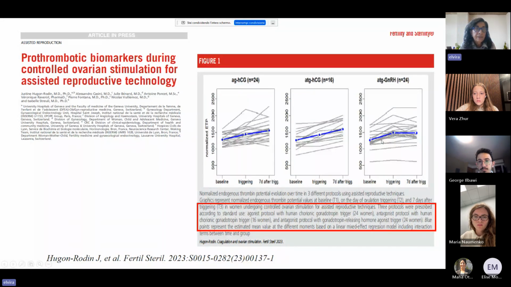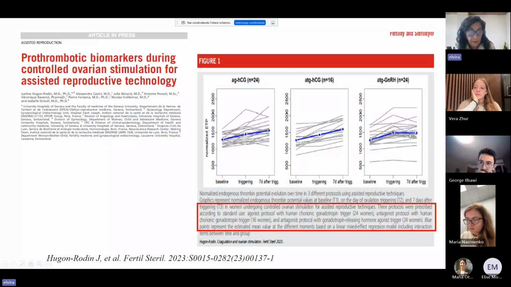So this means, we are trying to teach our colleagues of fertility centers that some protocols can be more easily used for women at higher risk of VTE. So not all drugs are associated to thrombotic risk, depending maybe basically on a different thrombin potential.